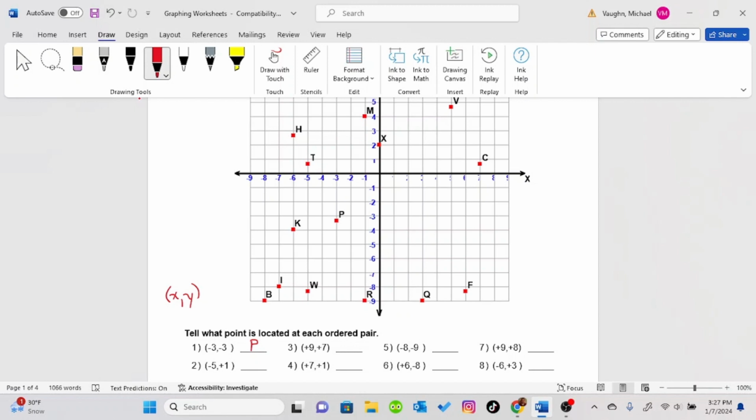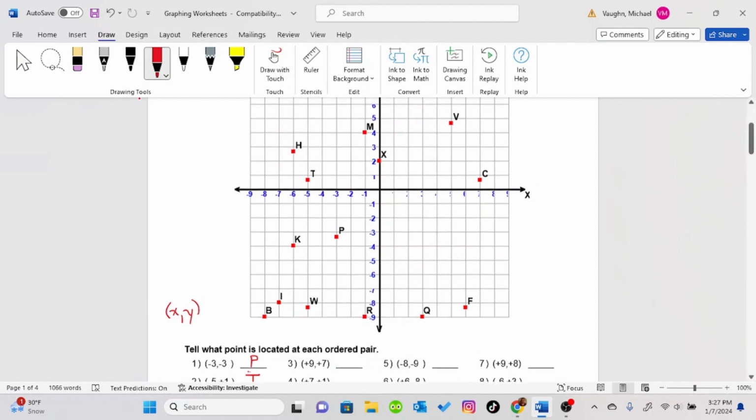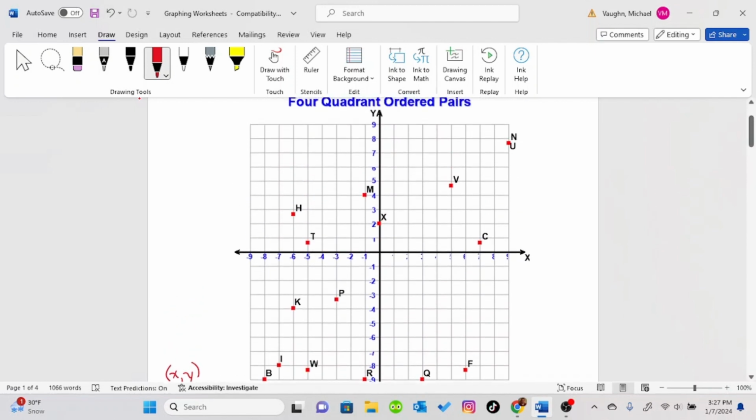That means left to -5, up to +1, and that is point T. Point 3, +9, +7. That means we go right to +9 and up to +7, and that would be point U.